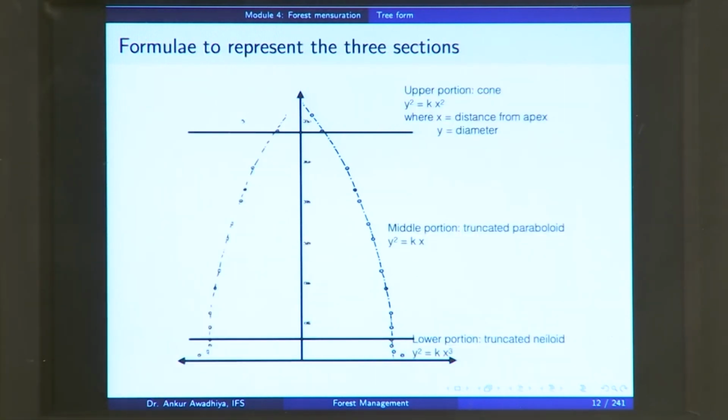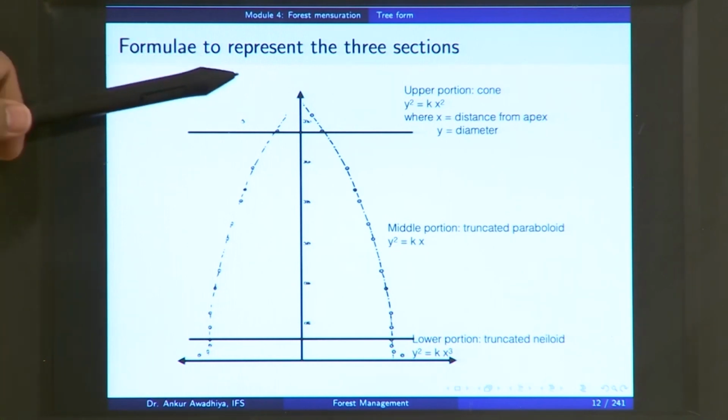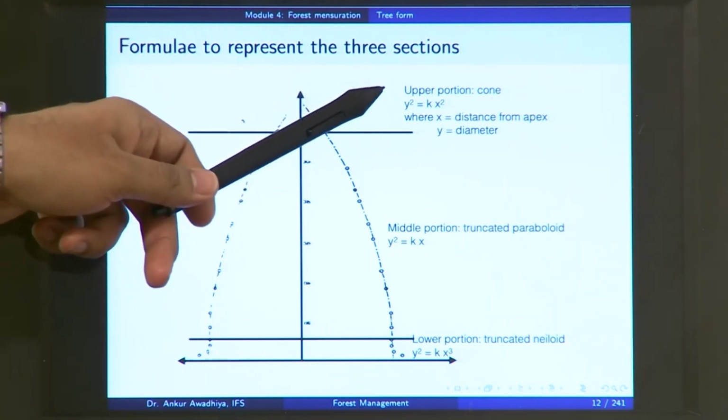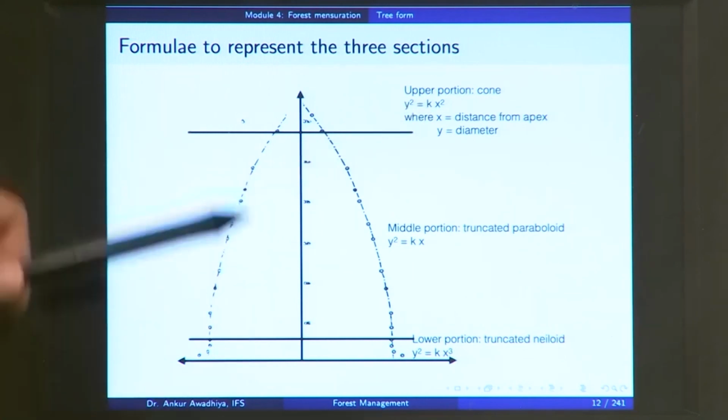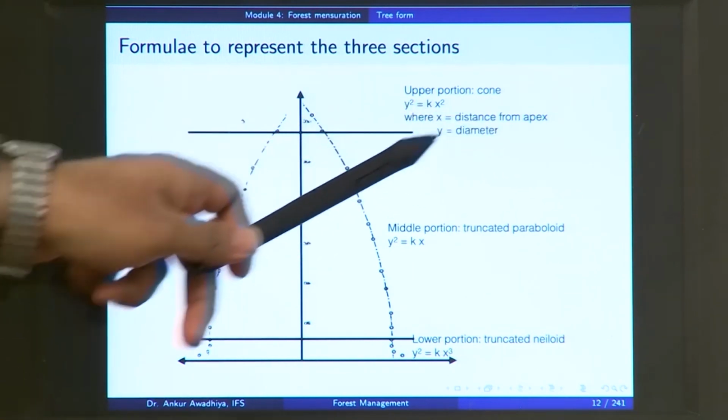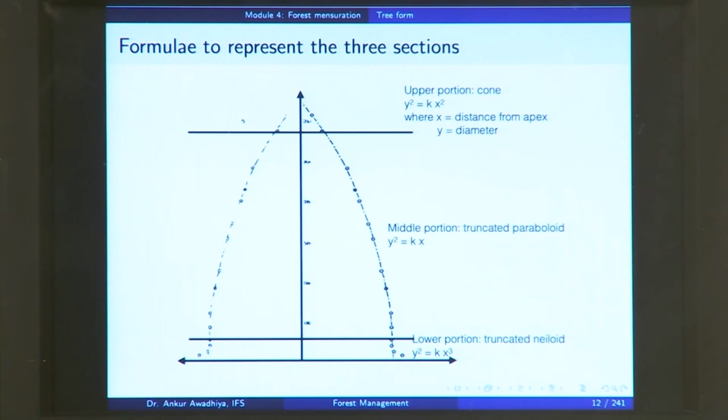If we were to represent it mathematically, the upper portion, which is conical, can be represented as y square is equal to k x square, where x is the distance from the apex and y is the diameter.